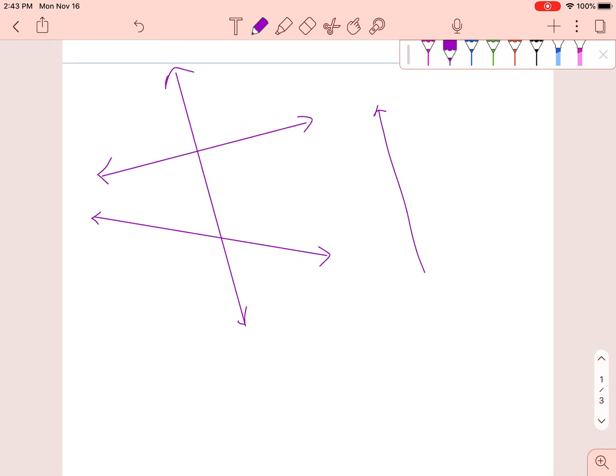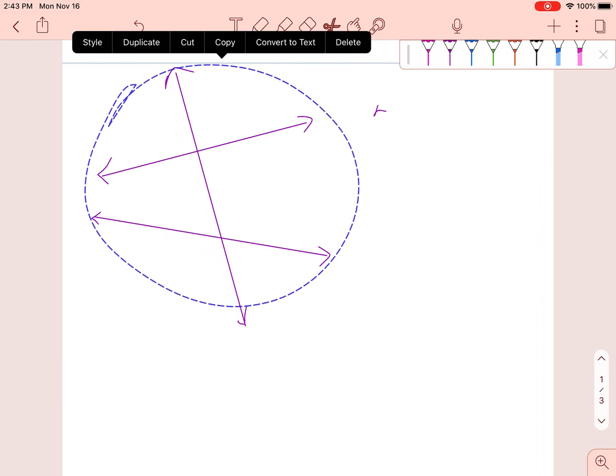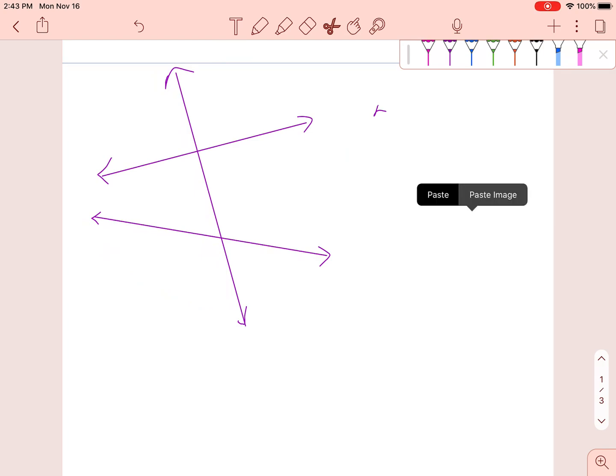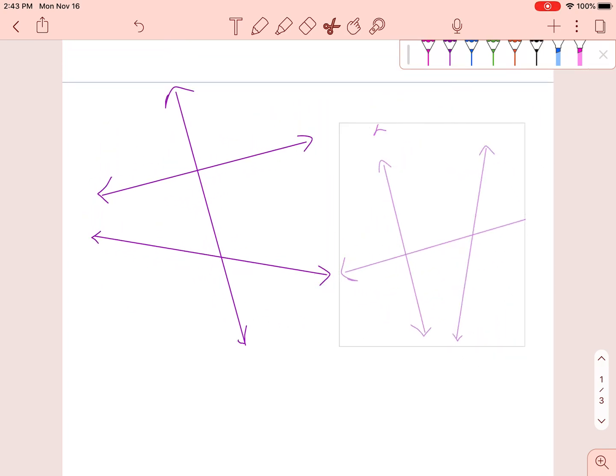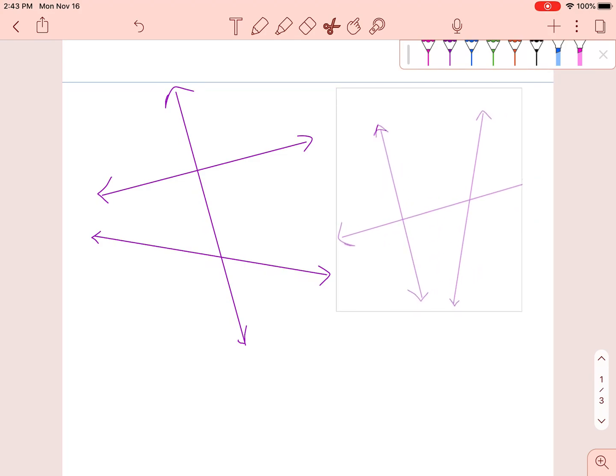And then I'll draw another, you know what, I'm just going to be lazy. I'm going to copy this, and I'm going to paste it, and I'm going to flip it or rotate it this way. Okay, so we're going to have two drawings here. This drawing over here, we're going to have line D, E, and F, and over here we will have line G, H, and J. Okay.